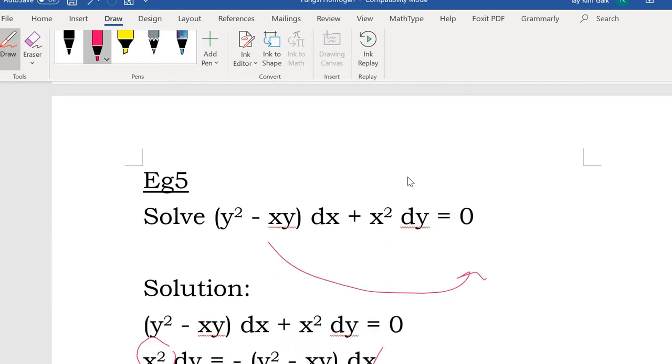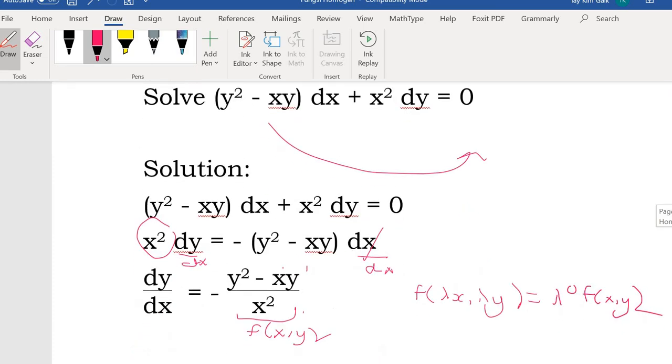Okay, you may have a differential form like this, then you have to simplify so that you can get dy/dx is a function f(x,y), and again, if you can collect the function of x to dx and y to dy, then you solve it using the separable equation technique.